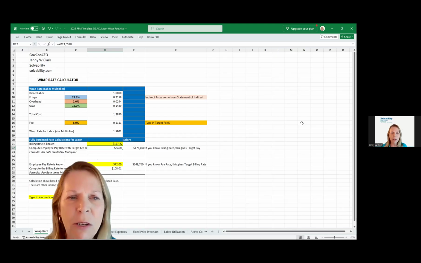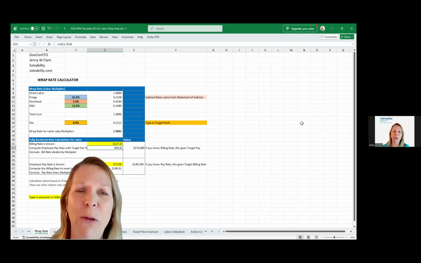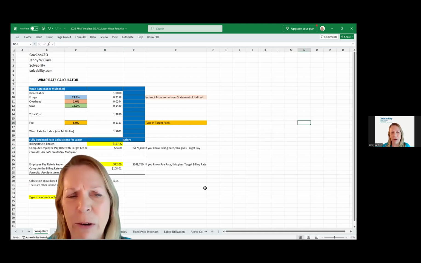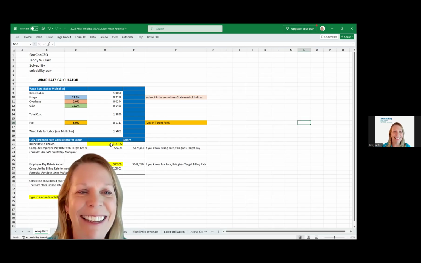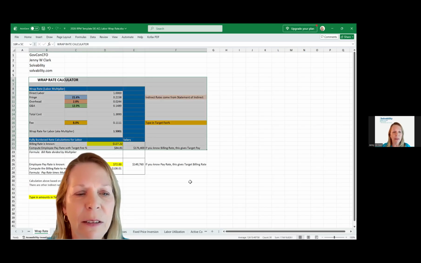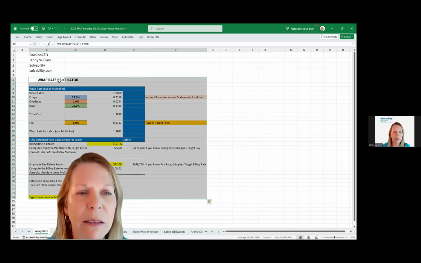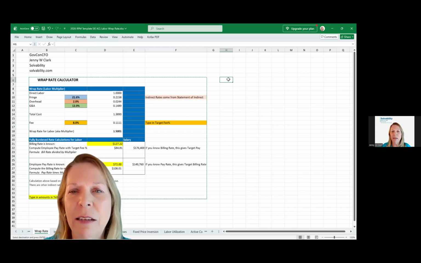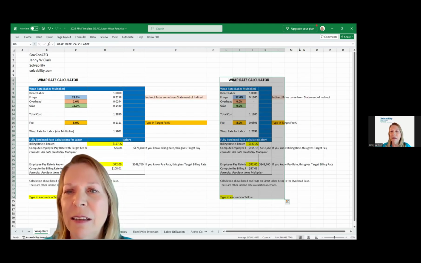Okay, so we're still talking about the wrap rate calculator. A couple other things I want to share with you on this. I didn't really explain very well how you can adjust this. Over here, I'm pulling these indirect rates from another spreadsheet. Sometimes what I do is make a copy of this and slide it over here because I just want something quick that I can work with.